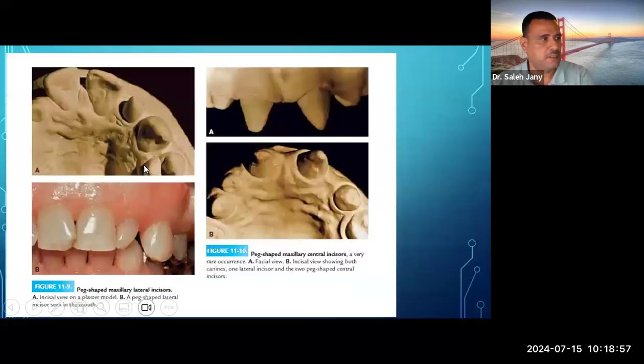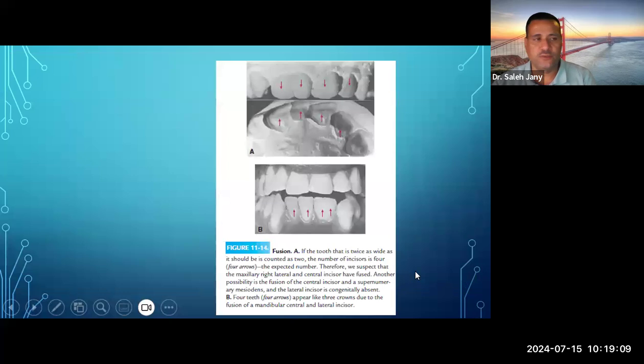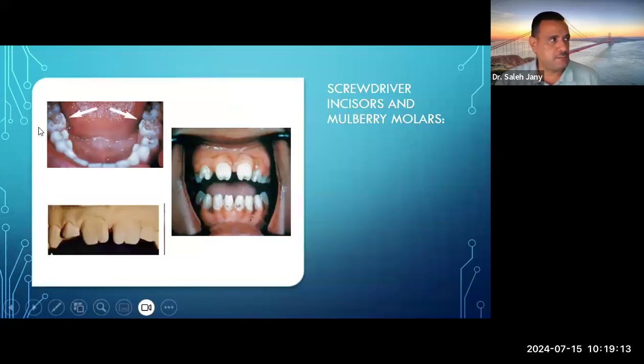I will send you the lecture when we finish. We have peg-shaped teeth. We have gemination. Gemination means one tooth becomes 2 teeth. Fusion is 2 teeth meeting together to make 1 tooth. There's a disease called congenital syphilis that can affect the development of teeth. The teeth, like the central incisor, will be like a screwdriver.